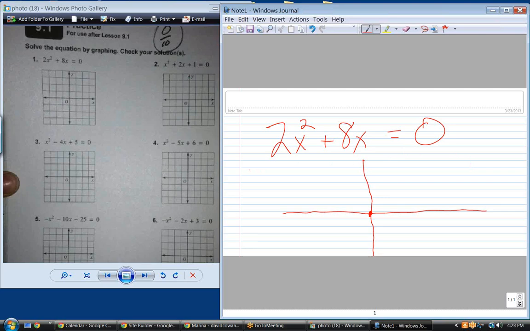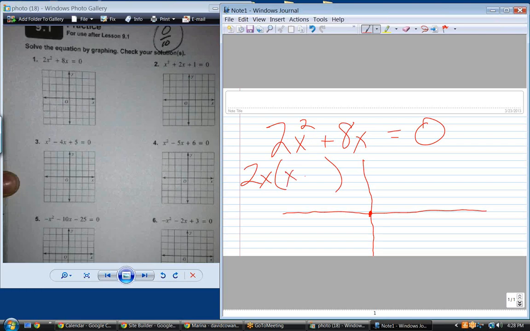Help me factor this equation. What's the greatest common factor that I can pull out of both of those terms? 2x. Leaving behind what? If I've divided each term by 2x, what remains here?